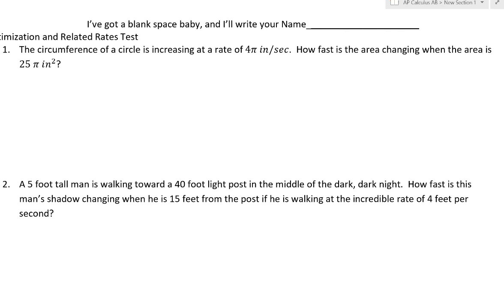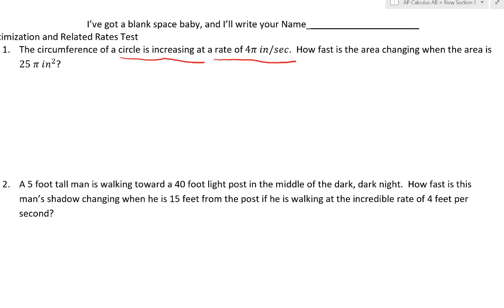The circumference of a circle is increasing, so it's changing at a rate of 4 pi inches per second. The fact that it's changing means that that's a rate of change. So we need to call that something symbolically.